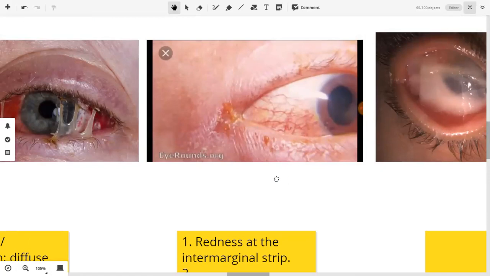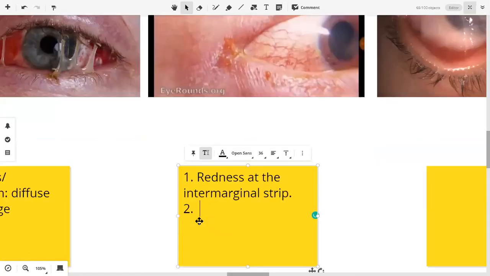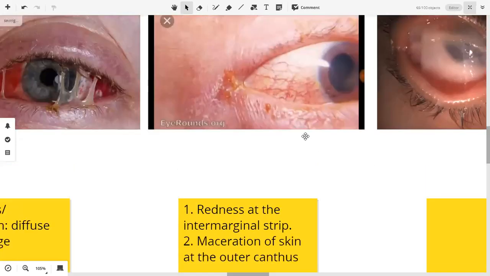Or in this case, this is actually maceration. Maceration of skin. You have studied this in forensics, haven't you? It's more or less the same thing over here. Okay? It's maceration of the skin at the outer canthus. These were our findings in our second case.